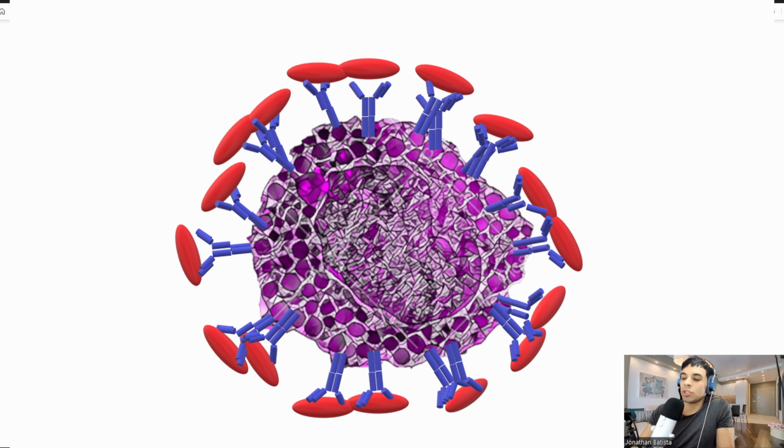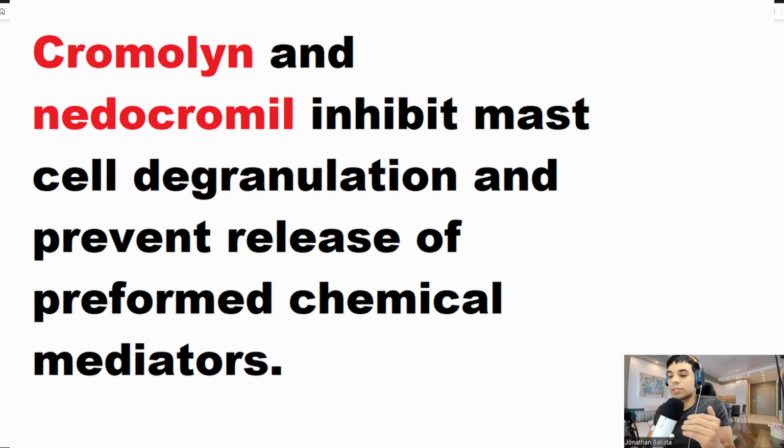Once receptor aggregation happens, they start to communicate. And once they communicate, they can now degranulate the mast cells and release histamine. This is the anaphylactic reaction of IgE, right?